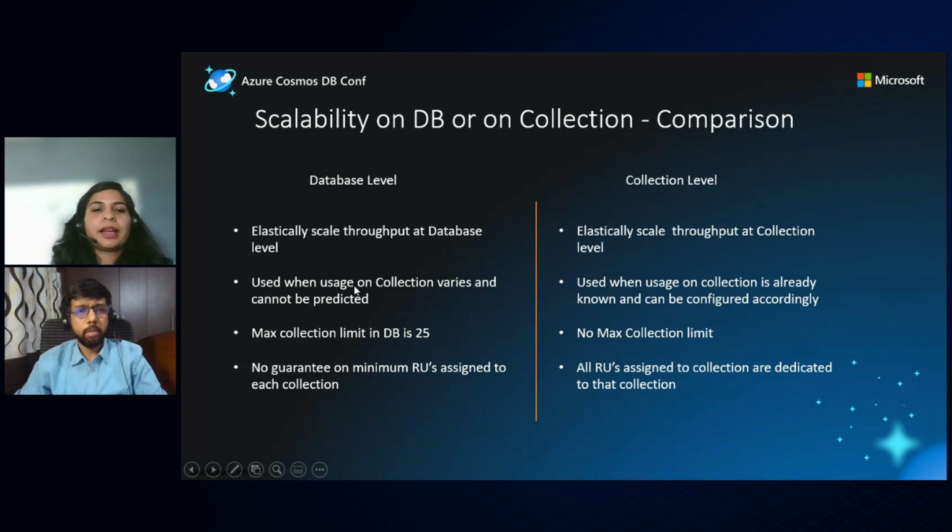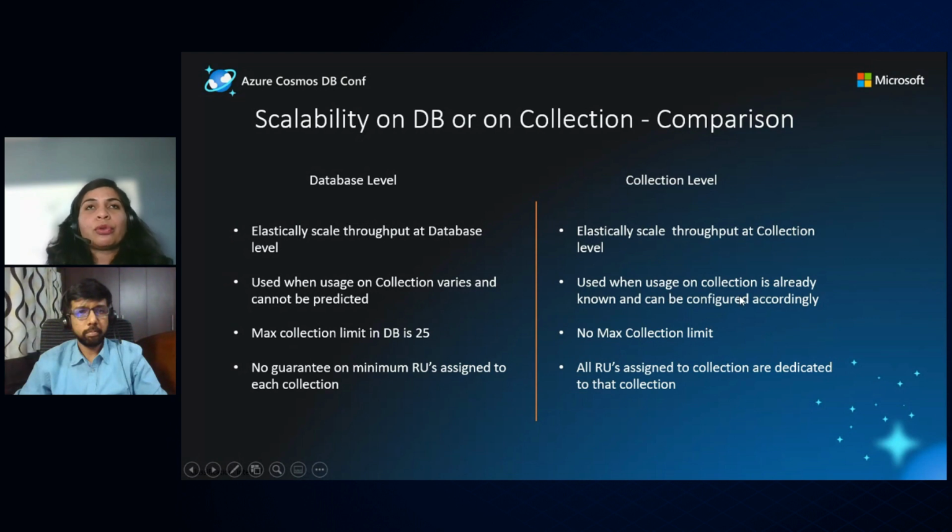Now, when we use database level throughput, for example, for your collections, you cannot predict what the usage of your collection will be. In that case, you can define the throughput at a database level, so that the entire database can scale to that limit, and it will not be specific to a collection, because we don't know what the min and the max scale for the collection could be.